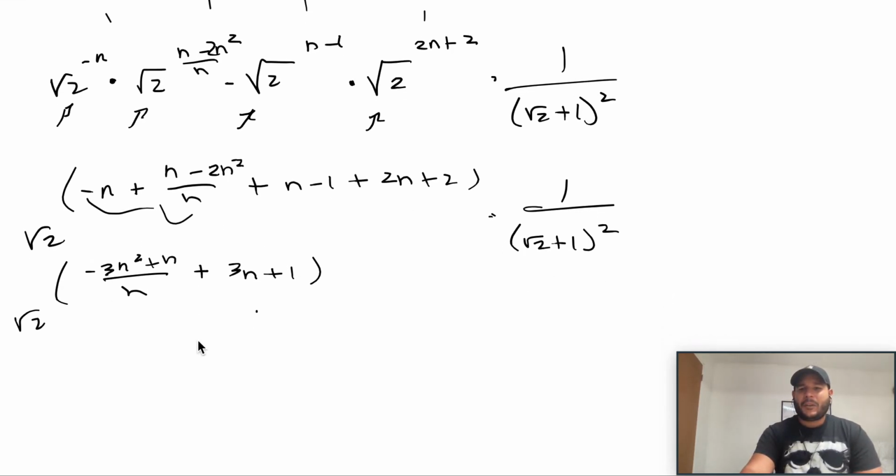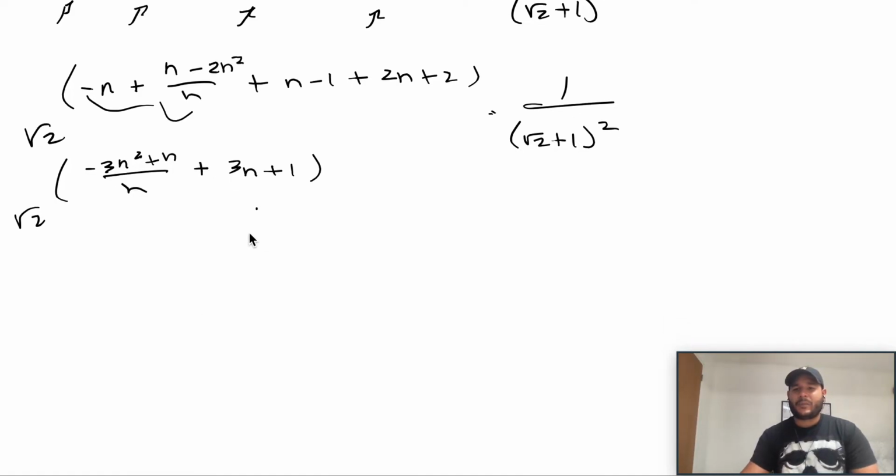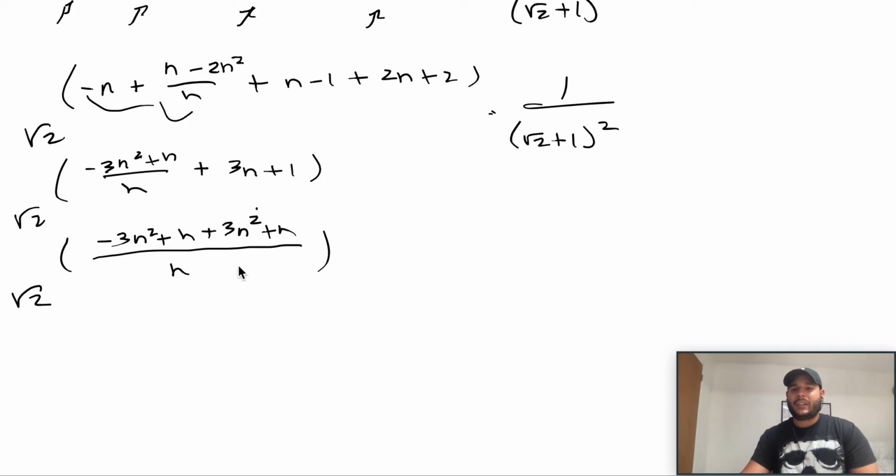If we add these terms here, we obtain square root of 2 elevated to negative 3n to the second power plus n over n, and this term now becomes positive 3n squared plus n. Now, notice how nice this is. These two cancel, and now we're going to have n plus n.